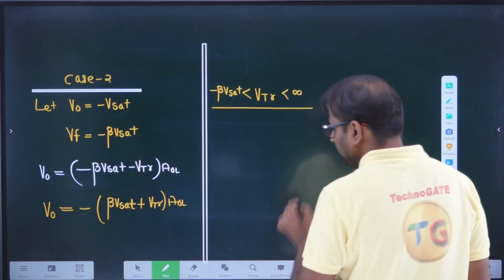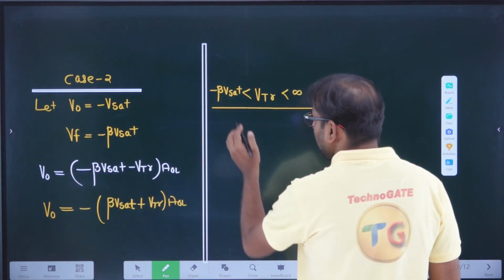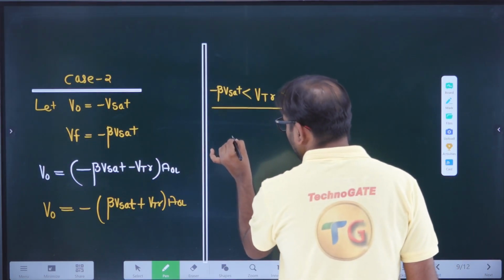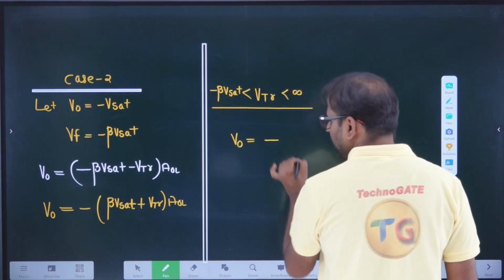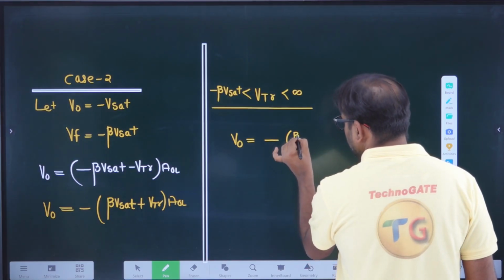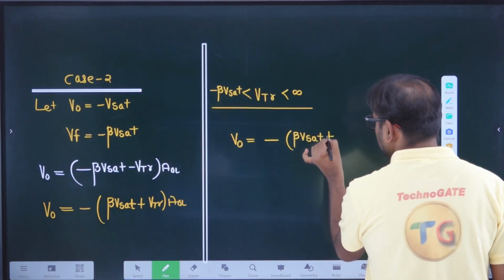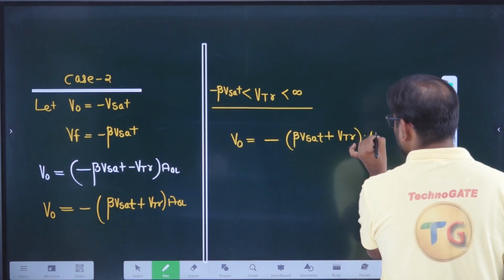So can I say, whenever my input lies in this range, minus beta into V saturation to infinite, how will you define V output? V output is a negative sign, beta into V saturation plus VTR, into open loop gain.